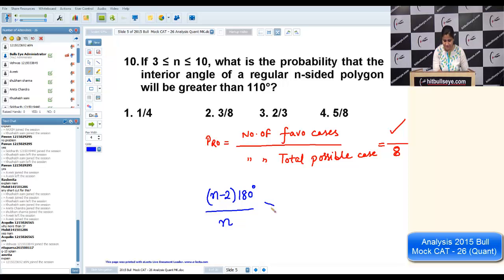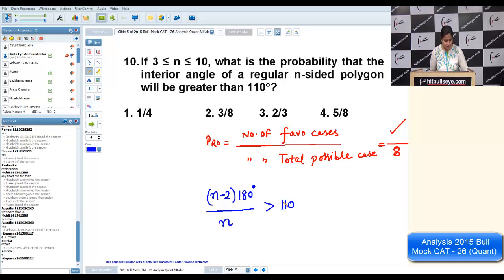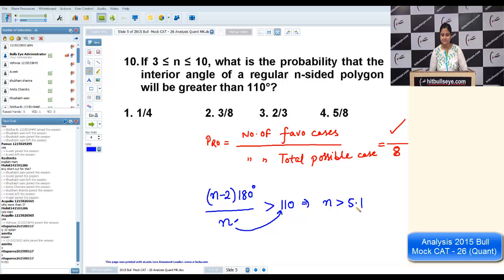Now it says that this interior angle should be more than 110. So if we solve it, this is a simple question of inequality, n is positive here. That's why n can move to the right hand side, which will give you n should be more than 5.1. Since we are talking about an n-sided polygon, n should always be an integer, rather a positive integer.